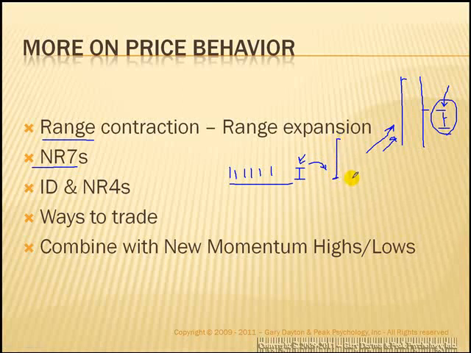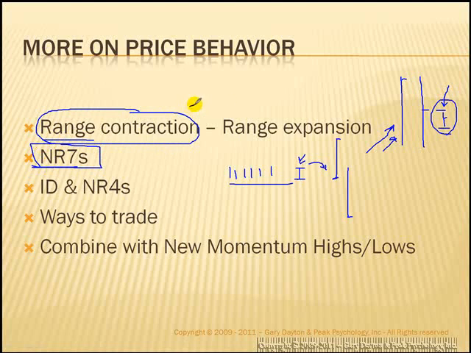Or like today in the S&Ps or oil or gold, it starts on its high and goes all the way down and closes on its other extreme end. Okay? So that's why these are so important. When the range contracts down and we see these NR7s, then the odds begin to favor that we're going to see some range expansion and potentially a trend day. Okay?